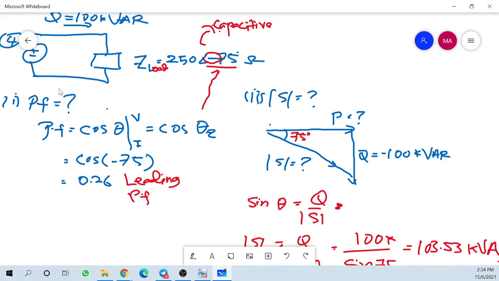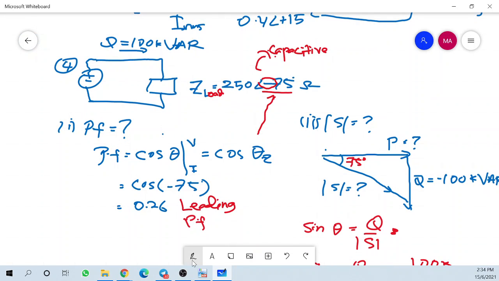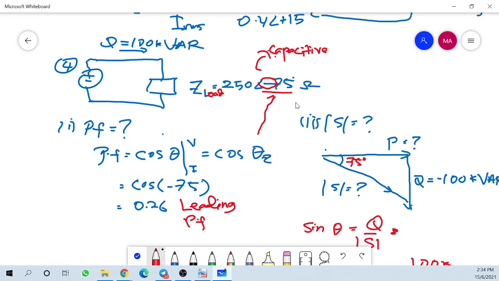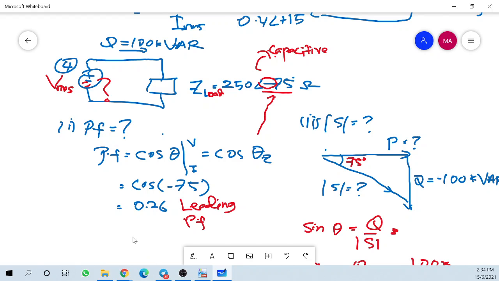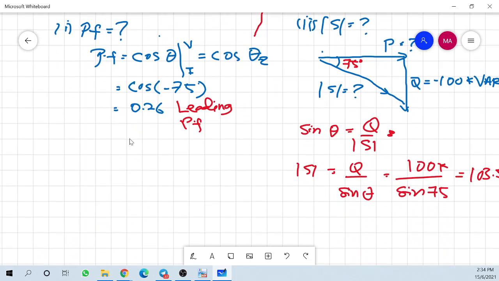What is the RMS of the source voltage? VRMS. How do we determine the RMS voltage? Please try to answer.